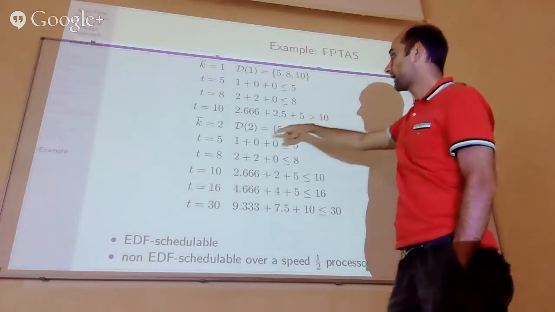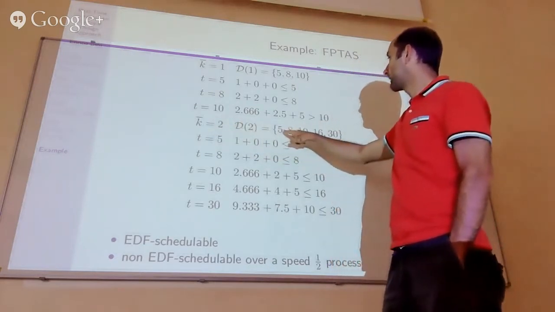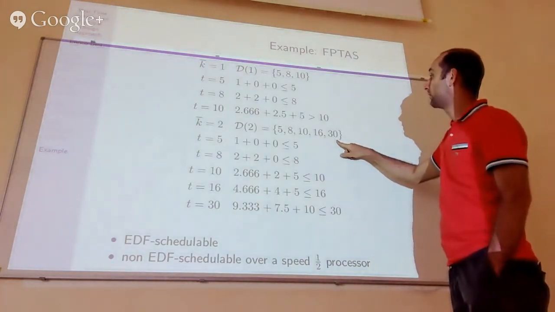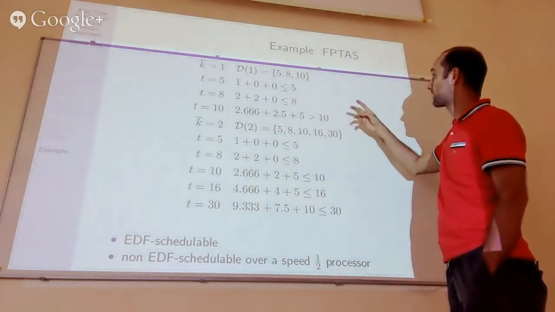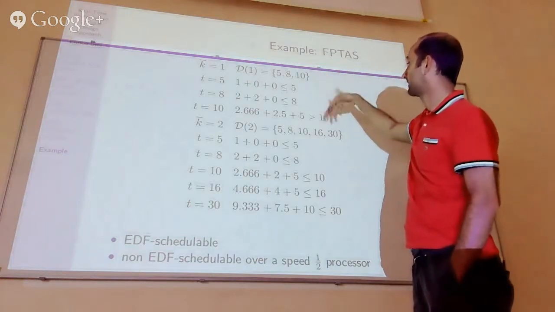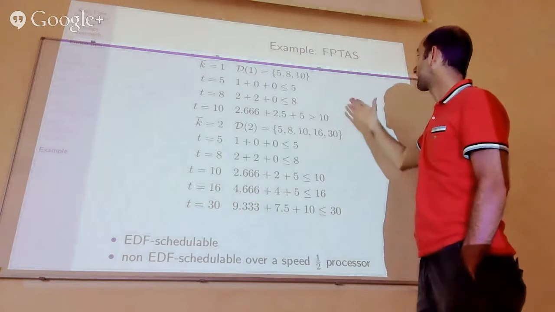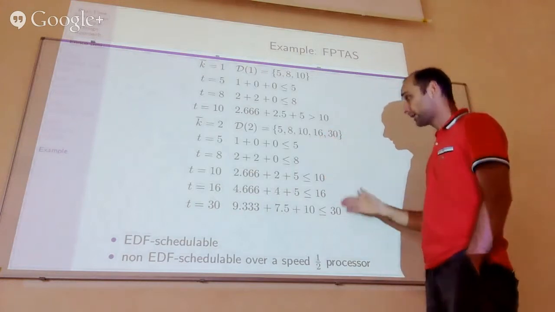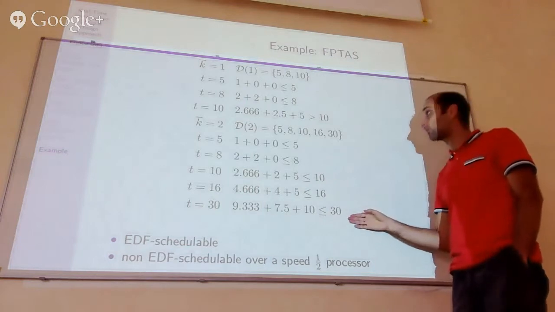With k equal to 2, we get a bit larger set. We have one extra deadline for each task, and probably 2 absolute deadlines overlap, so that we have only 5 instead of 6. So we check the test at all 3 points, and it is schedulable.